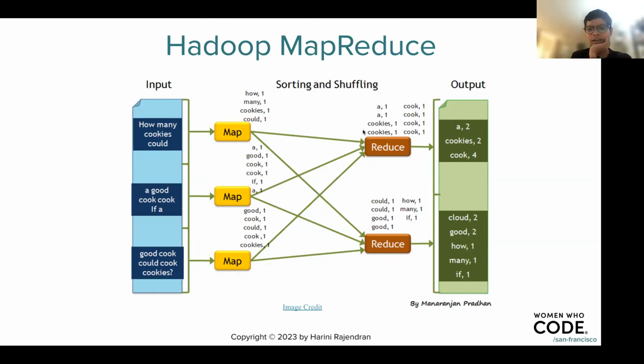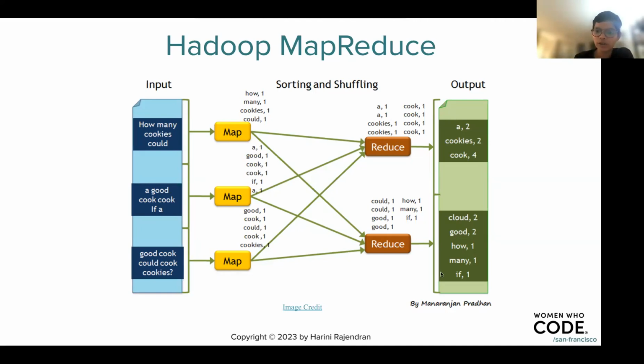Now the reducer has a subset of the keys along with their counts. The intermediate result read by the reducer is processed and the final result is output back to the file system.